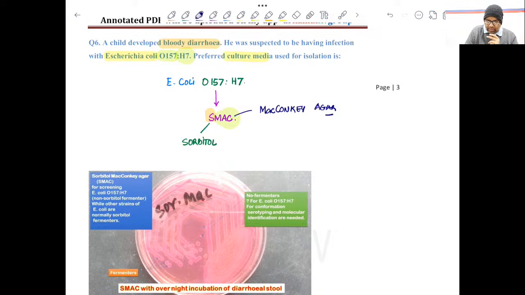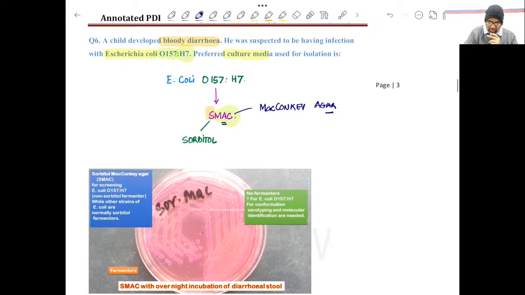Now, why are we using this SMAC here? Because E. coli 157H7 is a non-sorbitol fermenter. Clear?